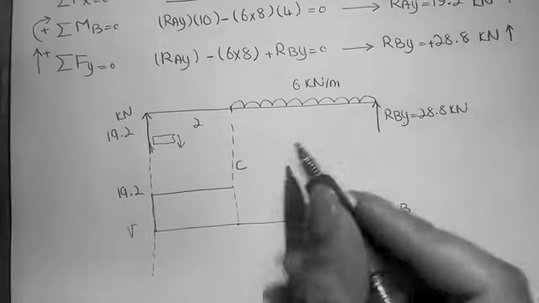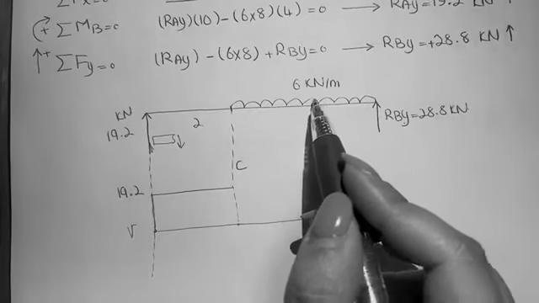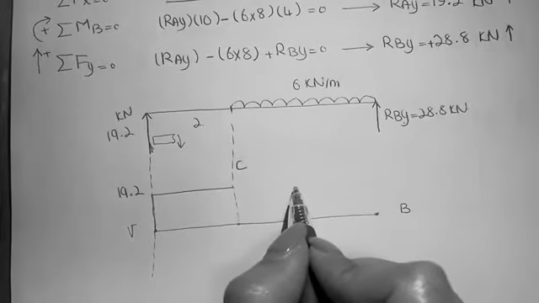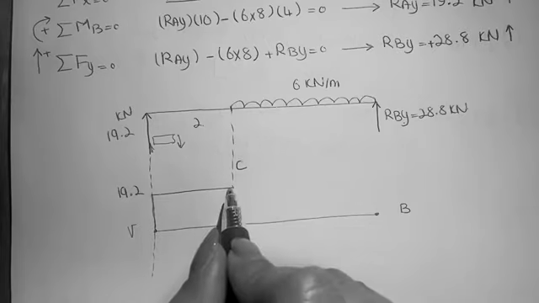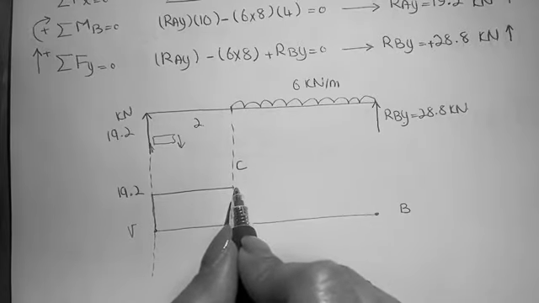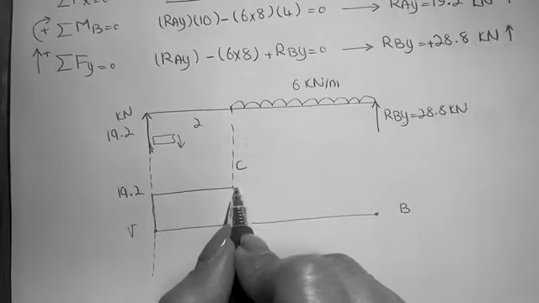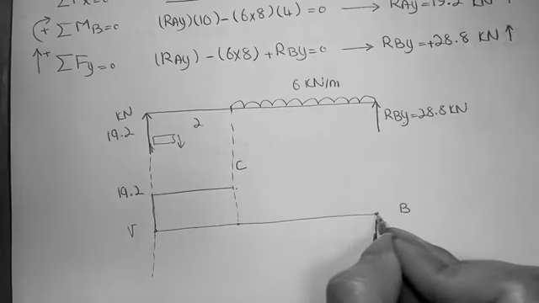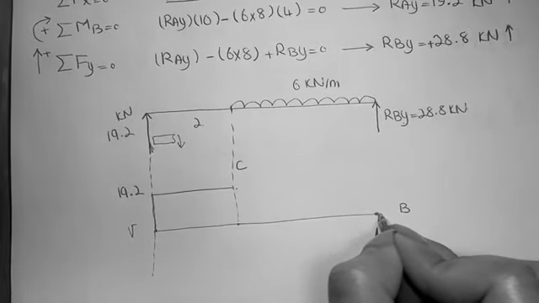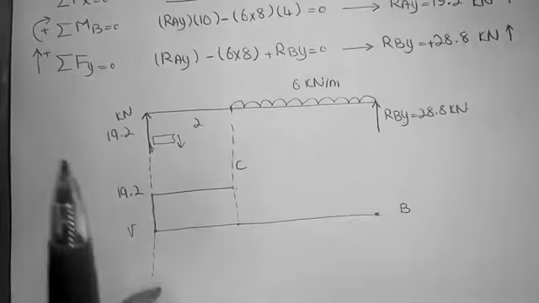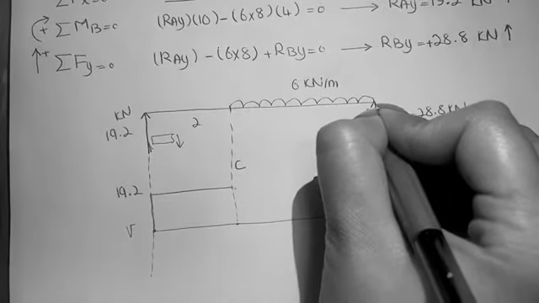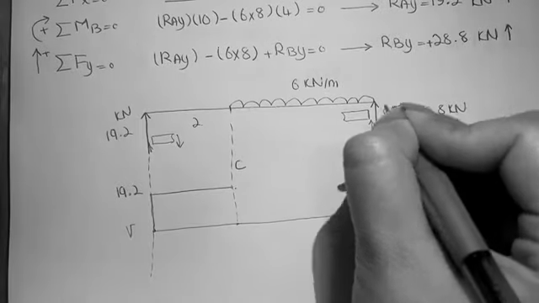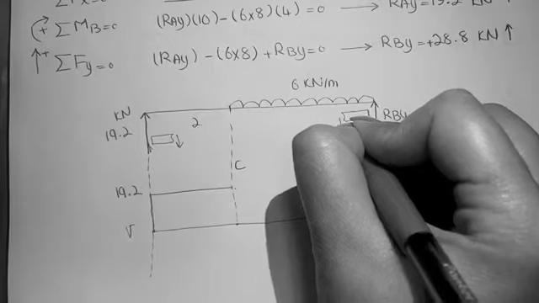From point C, we have a distributed force of 6 kilonewtons per meter. It means that for every meter you go ahead, you're going to subtract 6 kilonewtons from this initial shear at point C. So you're going to gradually decrease it until point B, where you have the negative shear. Why negative? Because if you cut the beam from this part, you can see that here you have an upward shear and here you have downwards.